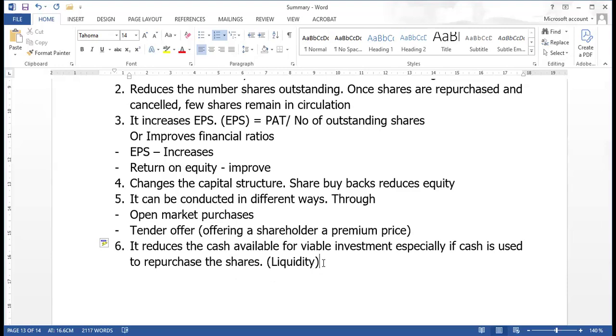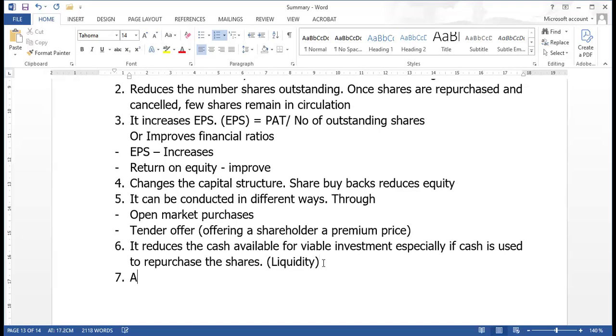If you're using debt to purchase, then it means that in your financial statement, equity has reduced, but your debt has increased. So you can also bring it from that way.